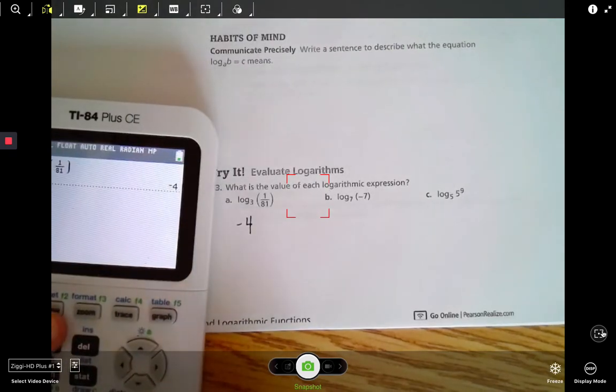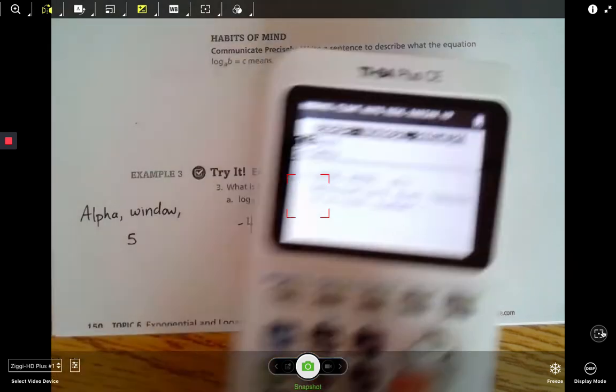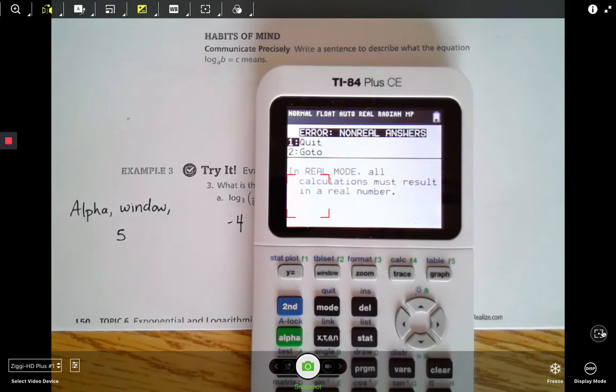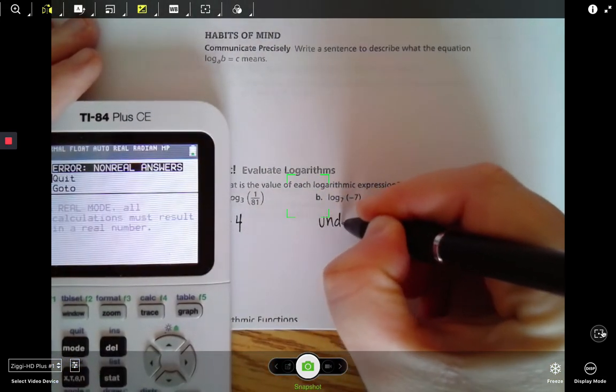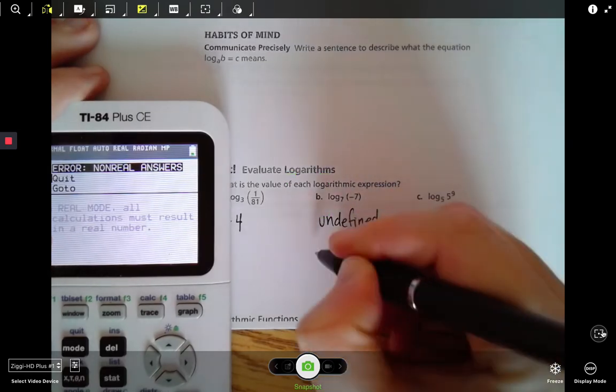We do the same thing for B. And you probably got this, didn't you? So we're just going to write not possible or undefined.